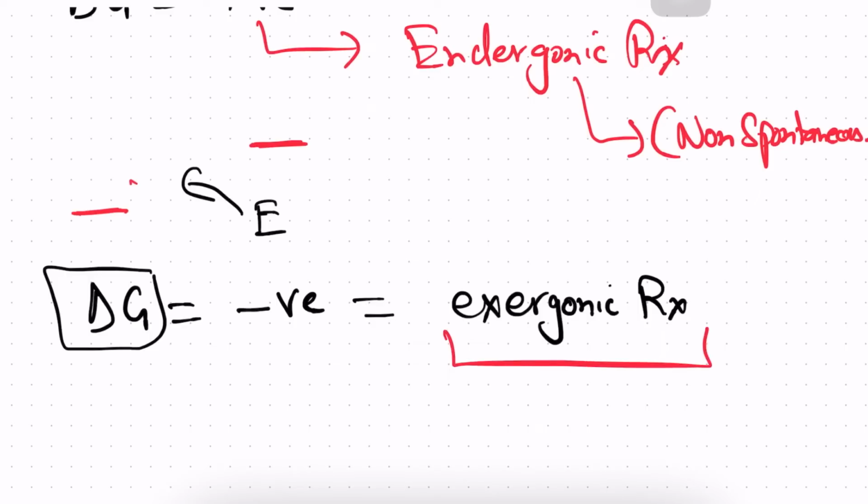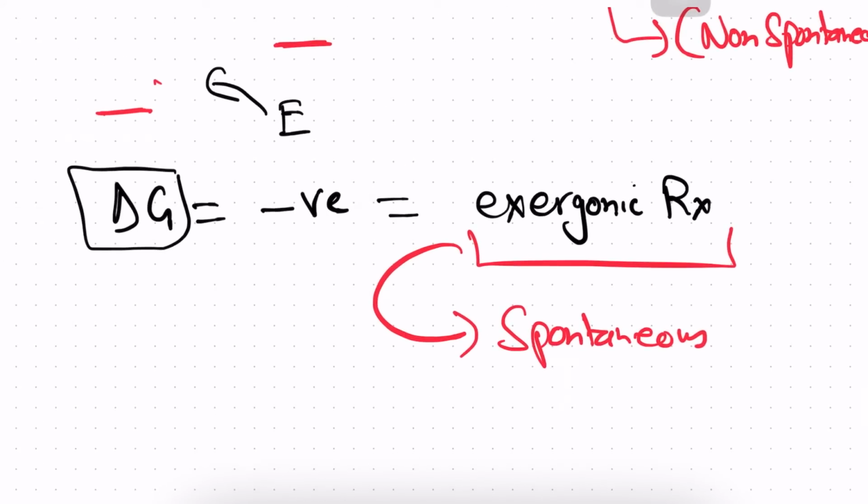These exergonic reactions are spontaneous reactions. Hopefully it is clear to you which type of reactions are going to occur on their own: those in which the value of delta G is negative.